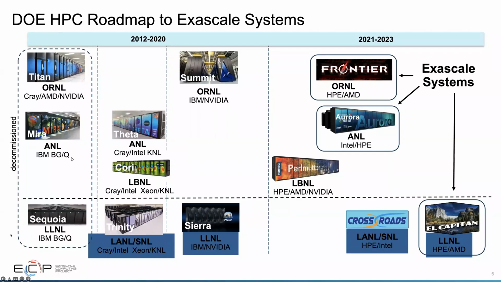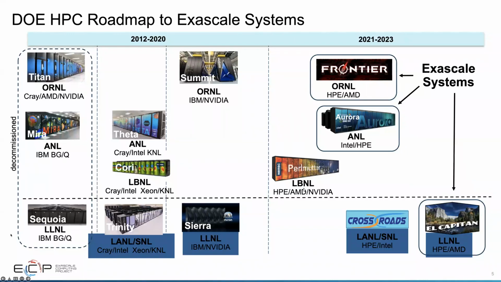And these include the IBM Blue Gene systems, the Mira system, our current top system, the Summit at Oak Ridge National Labs, which is an IBM Power 9 system with 6 V100 NVIDIA GPUs on each node. And we have another system at Lawrence Livermore National Labs called Sierra.